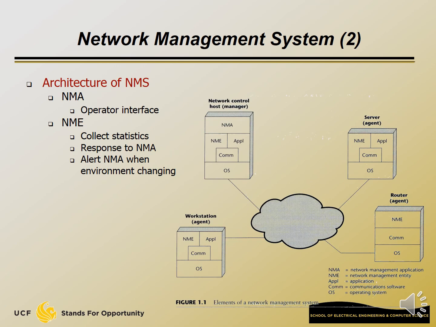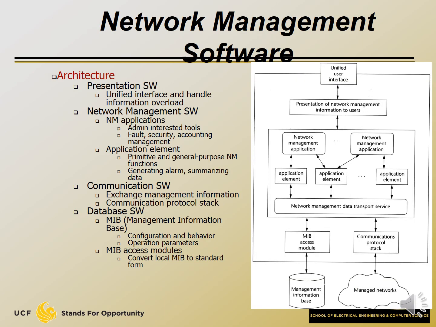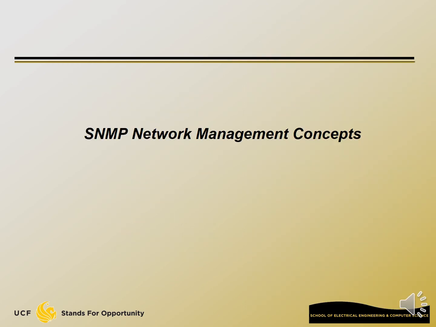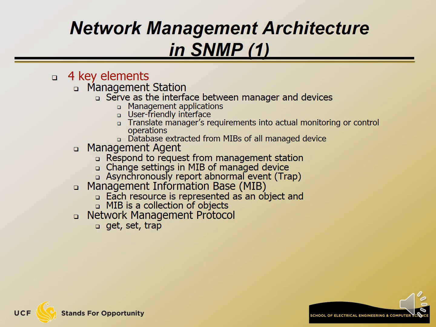Architecture of a network management system: the operator interface, the network management entity which collects statistics, and the network management agent, which alerts the management station when the environment changes. The management station serves as the interface between the manager and the devices.